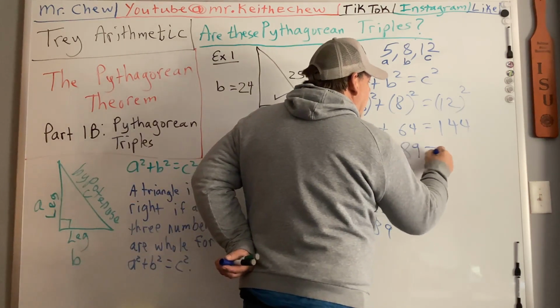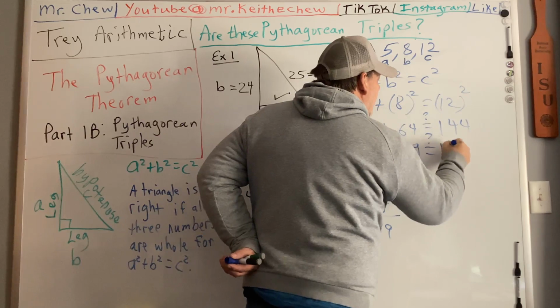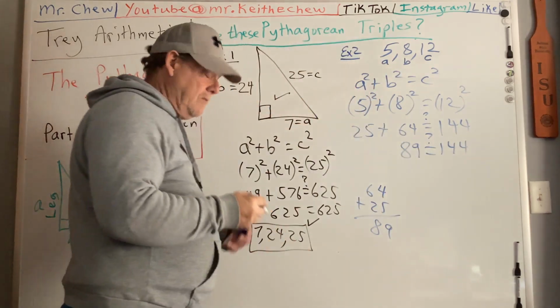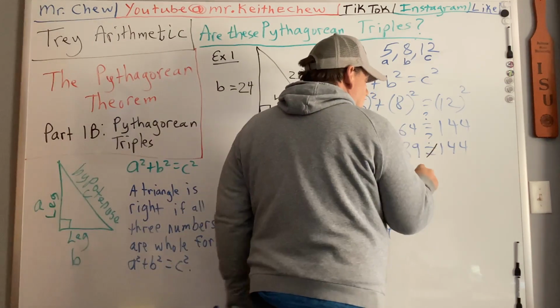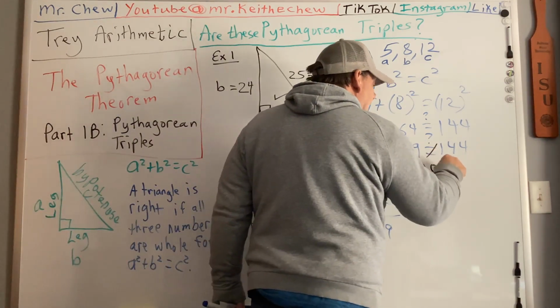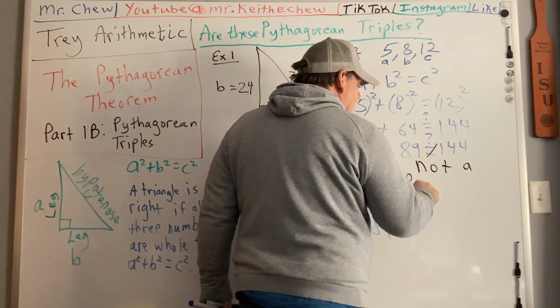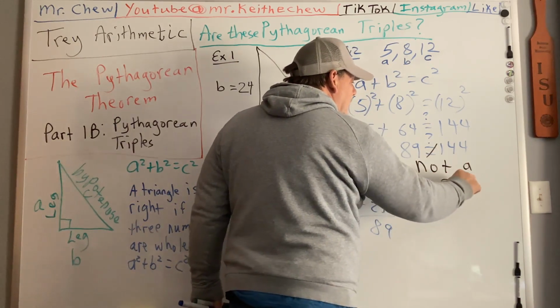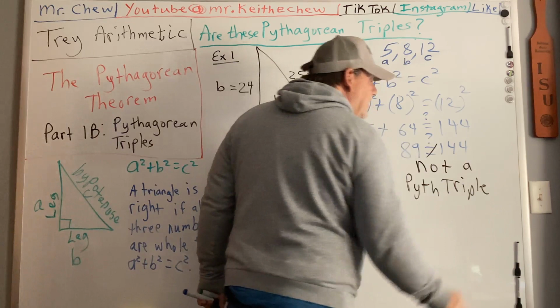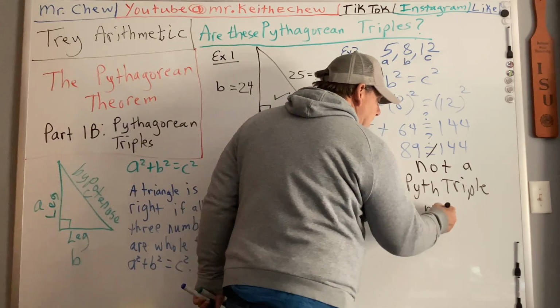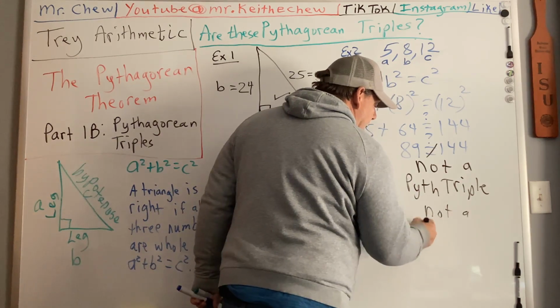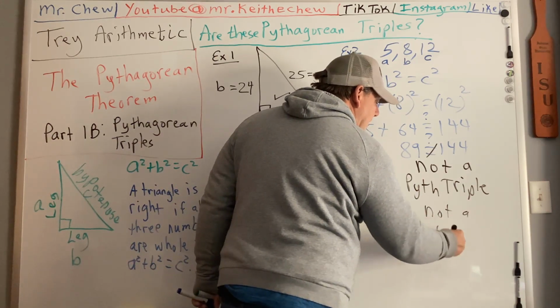Does 89 equal 144? Is that true? They are not equal, so not a Pythagorean triple. And what does it mean if they're not a Pythagorean triple? Not a right triangle.